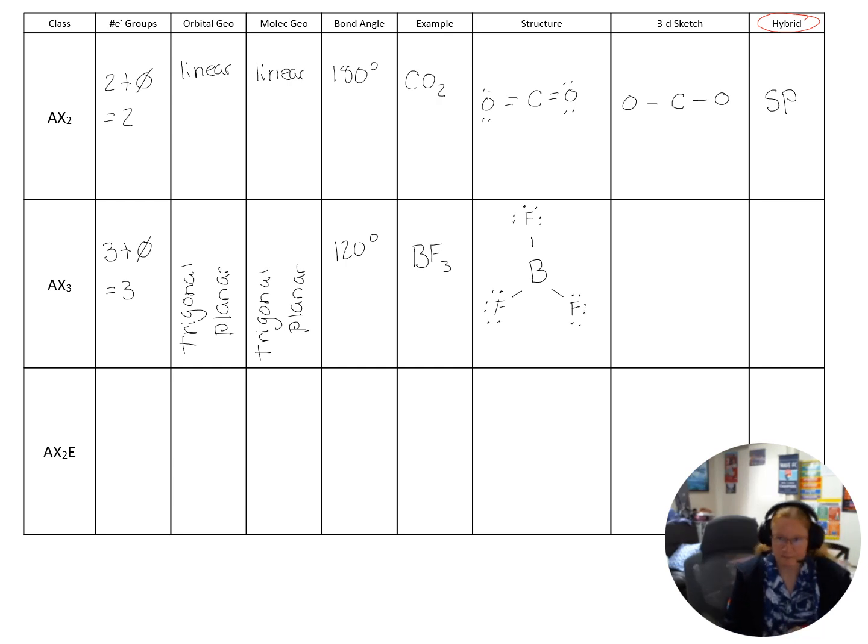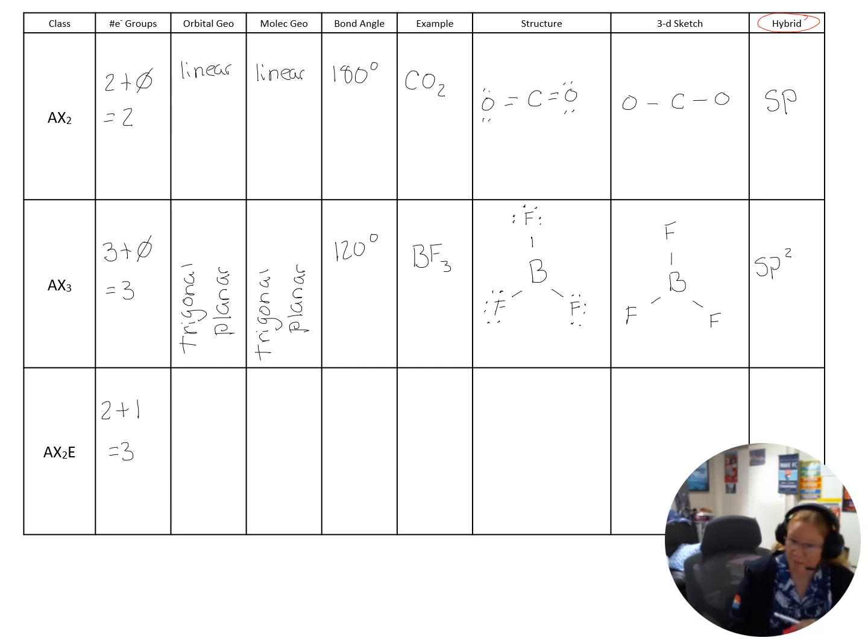Okay, all right, and in 3-dimensional space, it's just a flat triangle. Okay, and here the hybridization is sp2.